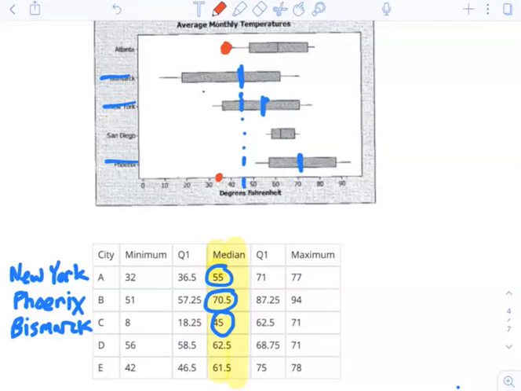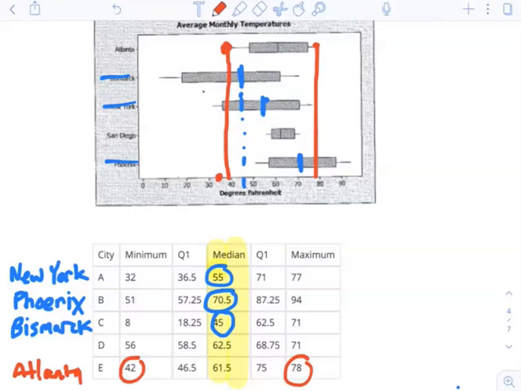Of the ones we have left, maybe this minimum is even a little bit closer to 40. And if you look at the maximum as well, that's up close to 80. So E has a minimum of 42 and a max of 78. So that looks like it goes more with Atlanta.